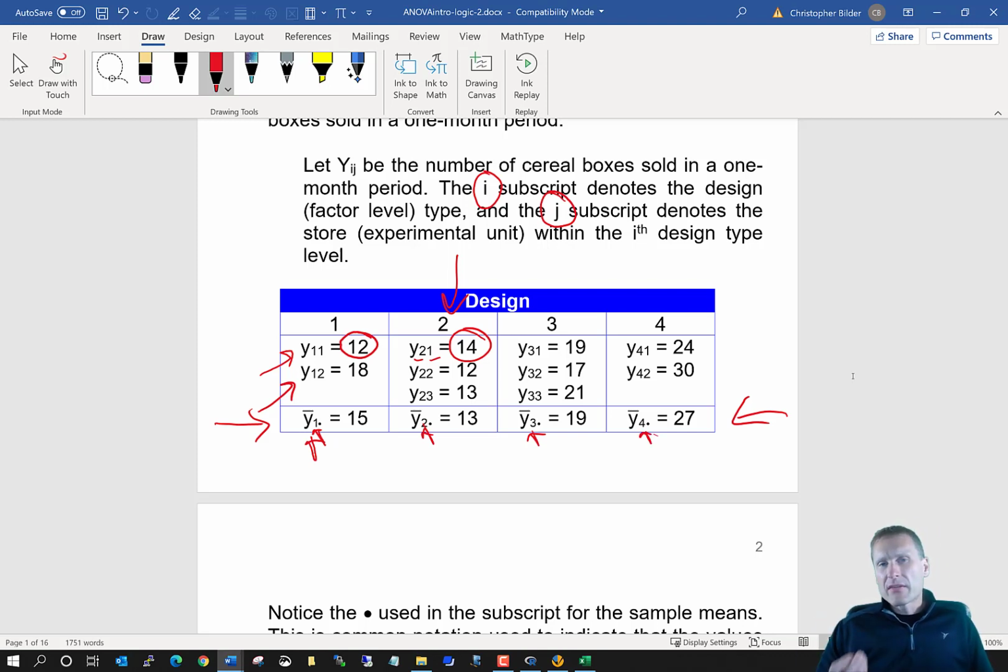But since we have the second subscript now in this notation, and essentially we're summing over that subscript to find the sample means for each of the design types, I'm going to put a little dot in place of that j subscript. This is very common notation that people use. So for example, y bar sub 1 dot is the sample mean number of cereals for design 1. It's equal to 15.